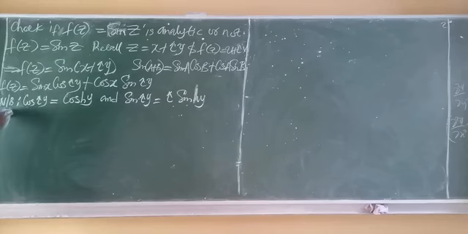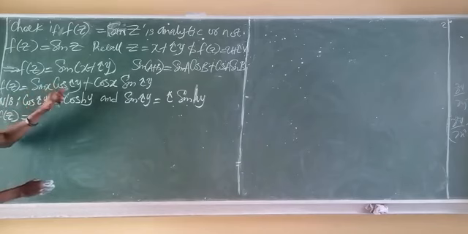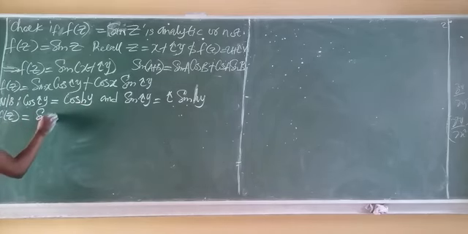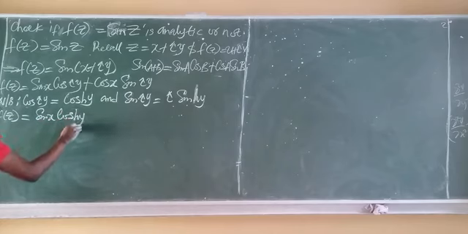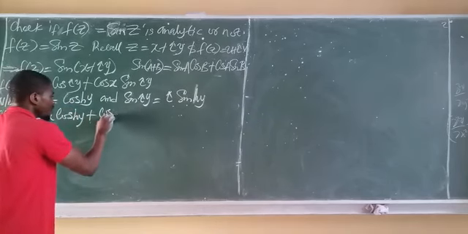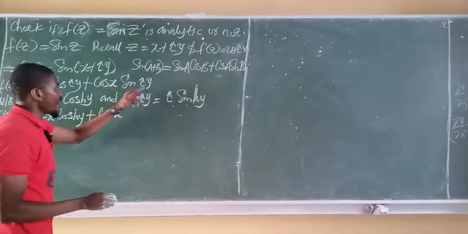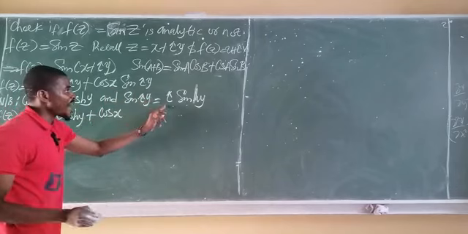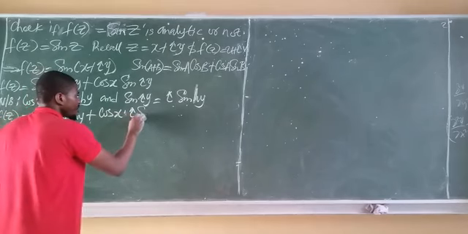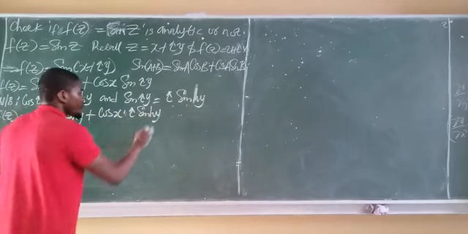f of z is now equal to sin x cos iy. Recall cos iy becomes what? Cos y. So this becomes sin x cos y plus cos x times sin iy. Sin iy becomes i sinh y, so this becomes times i sinh y.